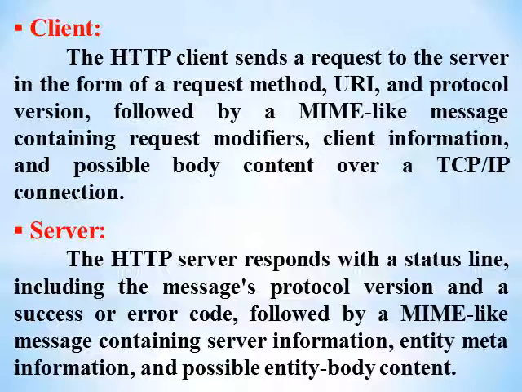So the server is responsible for responding with a status line, including the message protocol version and the success or error codes, followed by a MIME-like message containing server information, entity meta information and the possible entity body contents according to the client request. That is about the server.